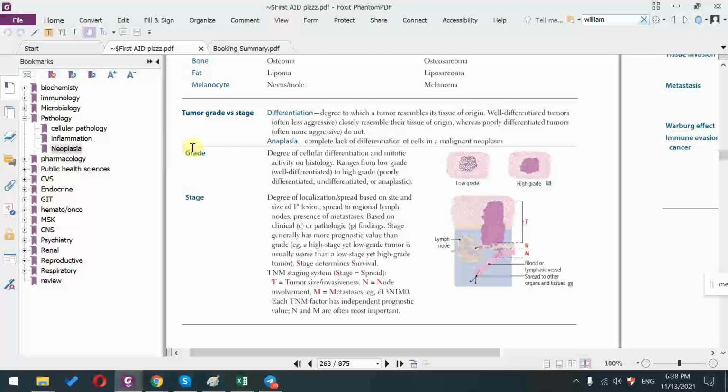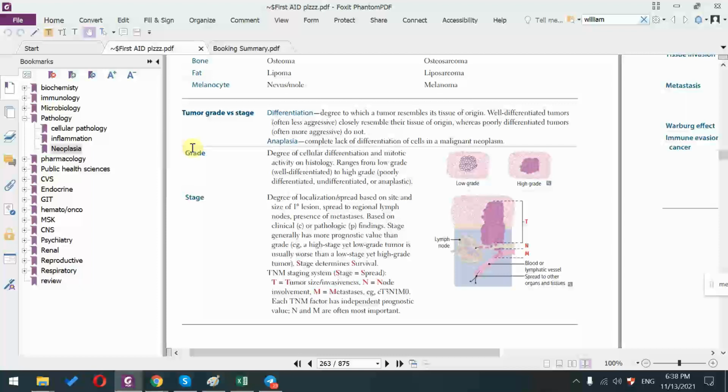So, a well-differentiated tumor is often less aggressive, which is good. They closely resemble their tissue of origin. Whereas poorly differentiated, oh, well, that's difficult to deal with. Why? Because they poorly resemble their original tissue and thus they are highly aggressive, okay? And they have really bad prognosis, the ones with the poor differentiation.